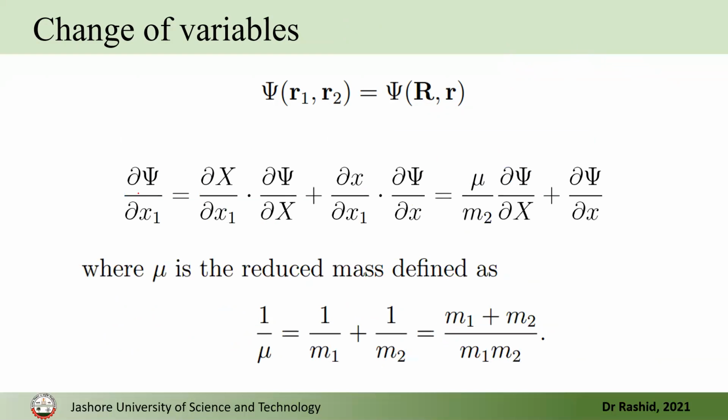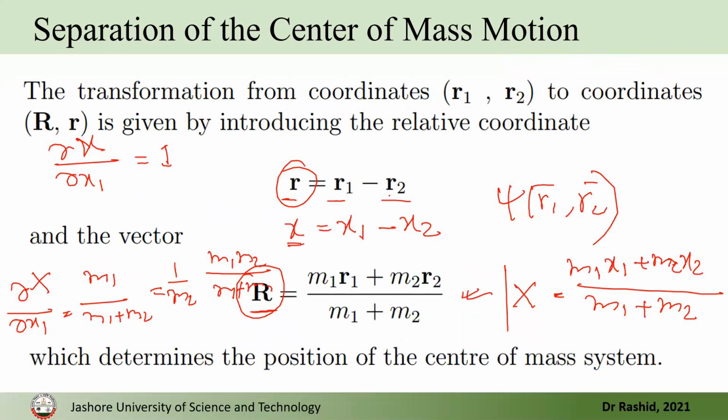Okay, now we took the derivative d psi by dx1, and we came up with mu by m2 d psi by dX plus d psi by dx. This is the component of the relative motion. Remember here.